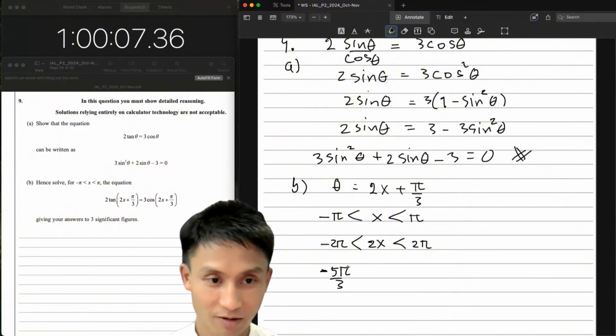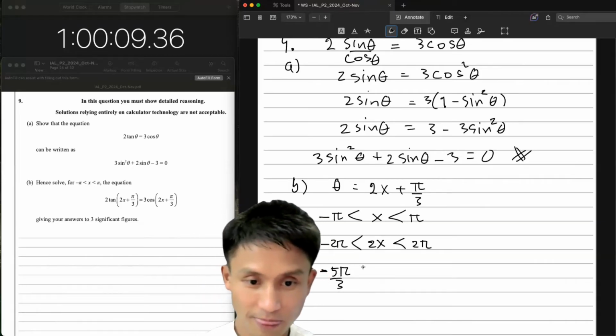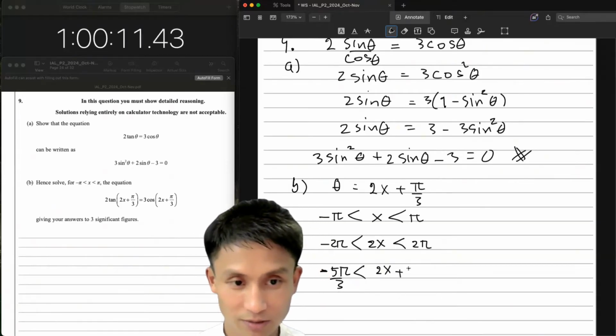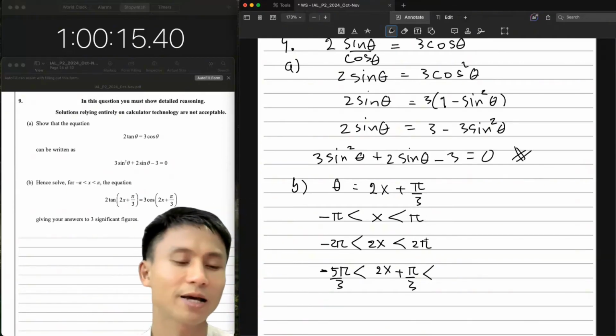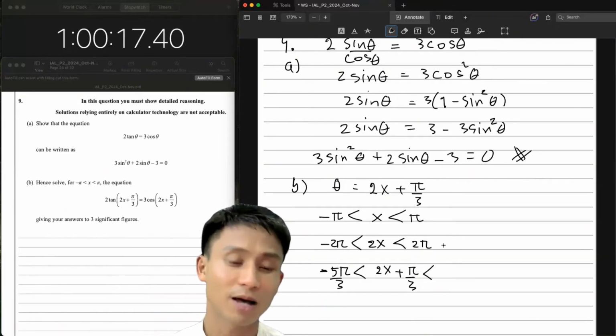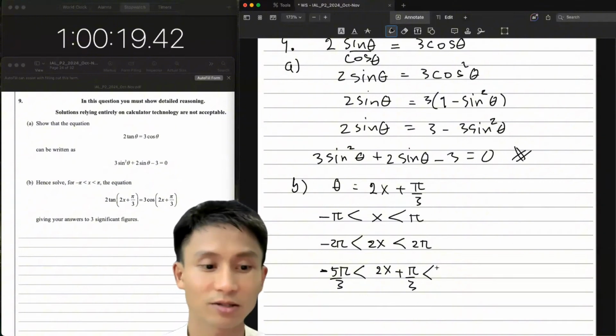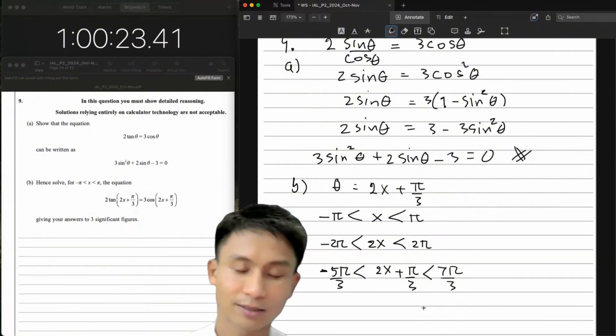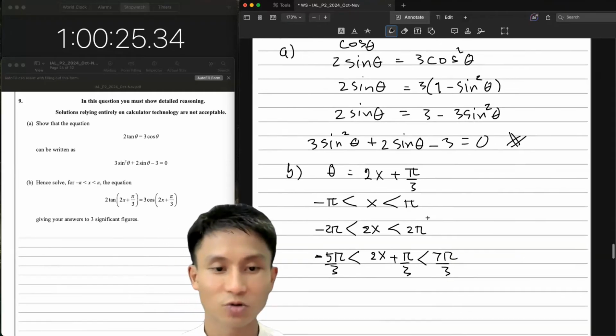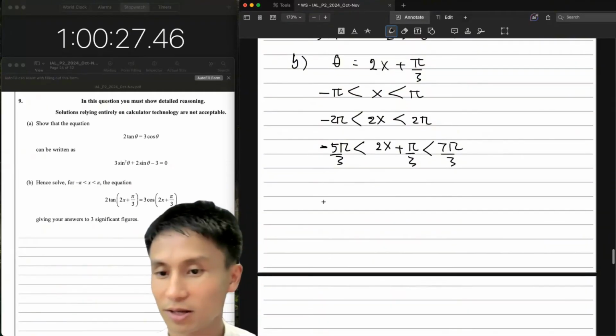Just making sure I got everything right. So that would be 2x plus pi over 3 there, less than 2 pi, which is 6 over 3 pi, plus pi over 3. So that's 7 pi over 3, right? So that's the actual range we are solving for.